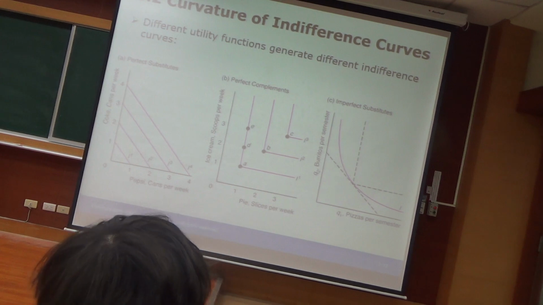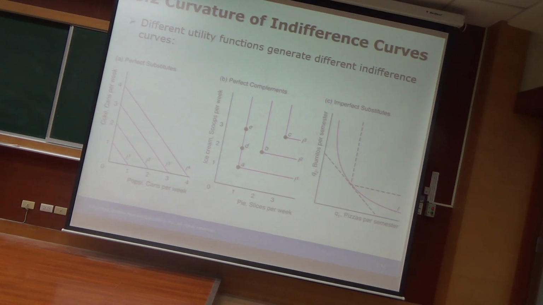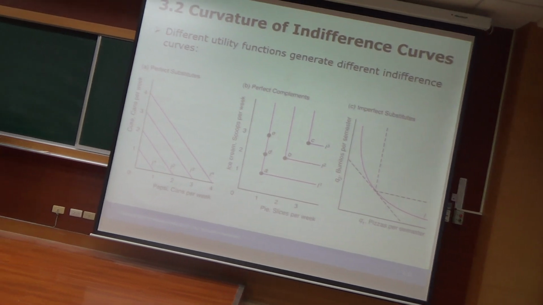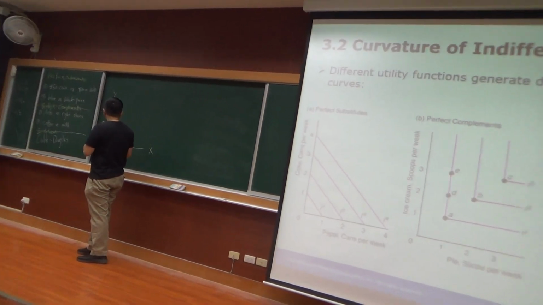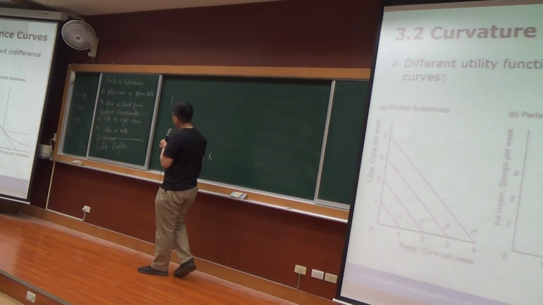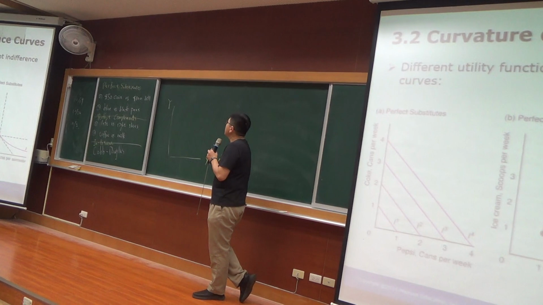The first one, we've gone through this one. Say X and Y represent $50 coins and $100 bills. What about the relationship between these two goods?